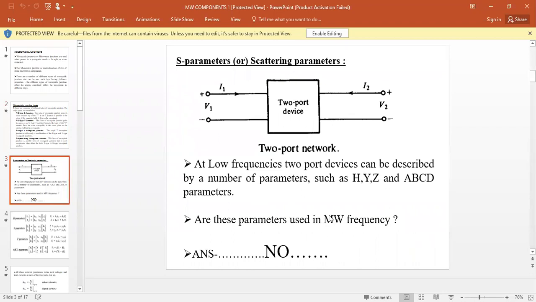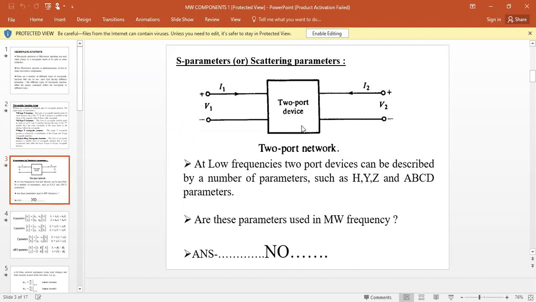And we already discussed the S parameters, so S parameters will be discussed here. This is a 2-port network for a low frequency component, which measures the voltage and current at low frequency. Here, in the low frequency 2-port network, there are a number of parameters, H, Y, Z, ABCD parameters, which calculate the voltage and current.